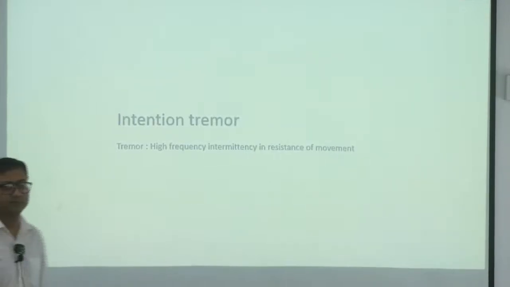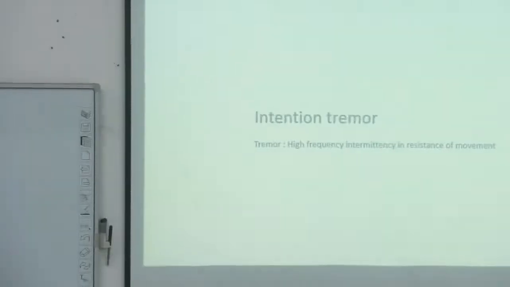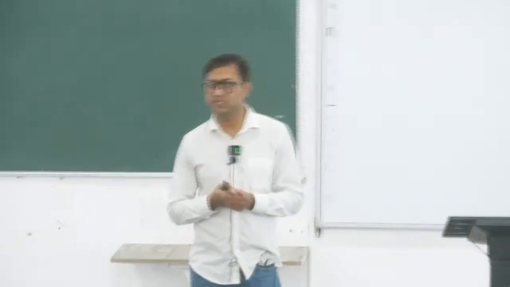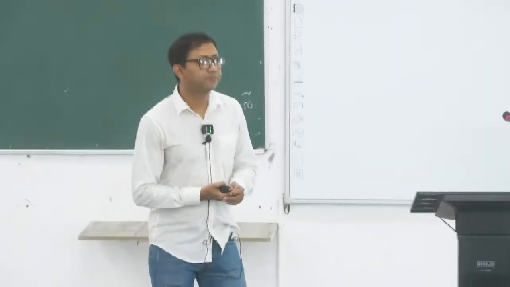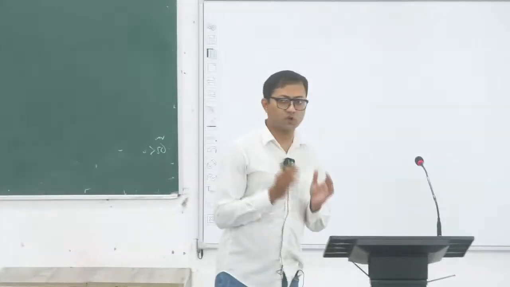Intention tremor. To differentiate it from the tremor in PD or Parkinson's disease, where the tremor is called rest tremor: even when the patient is resting, there is tremor, the typical pill rolling type of tremor. But in cerebellar disorder, it is intention tremor, not rest tremor.